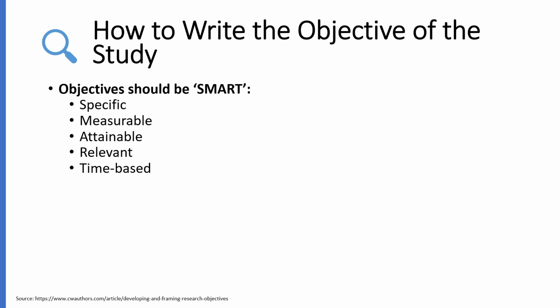Is it attainable given the time constraints, budget constraints, and your skills as a researcher? Is it relevant also? You should answer the question of whether someone would care about that. Is it time-based? Will you be able to finish your research within the time that will be given to you to conduct or implement your proposal?